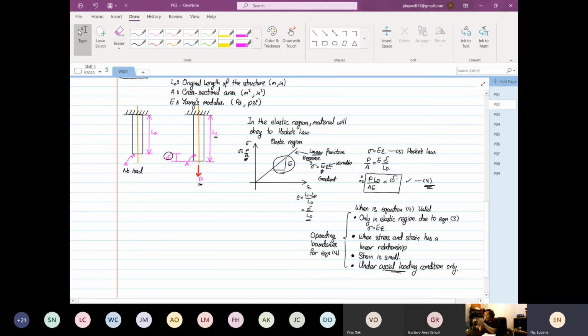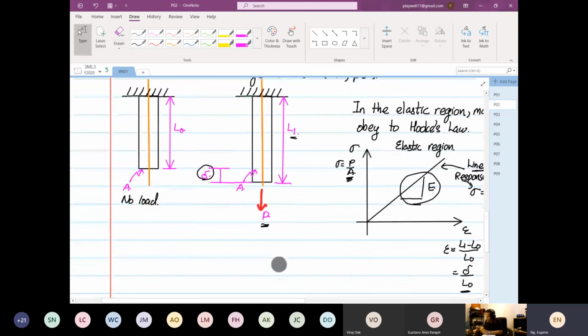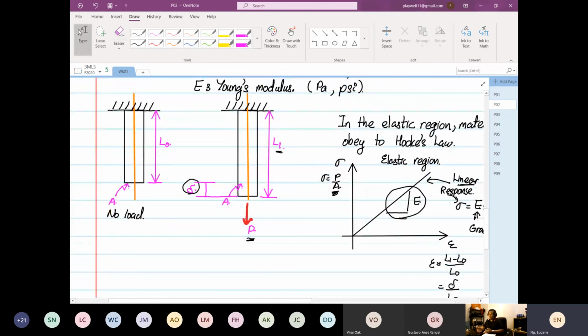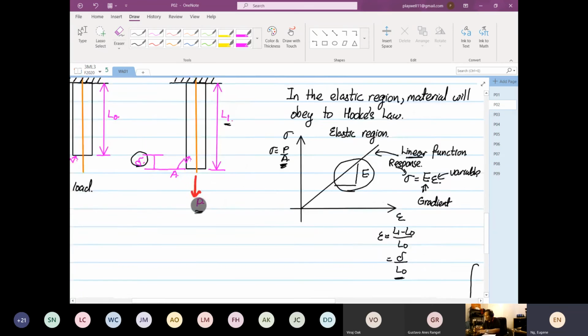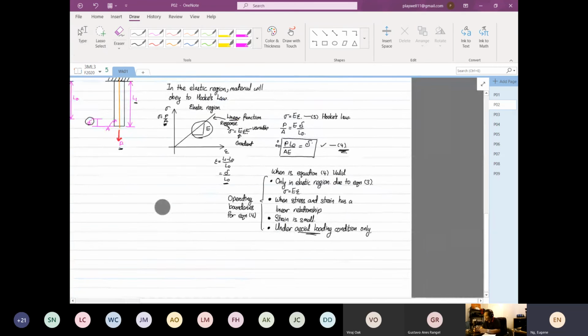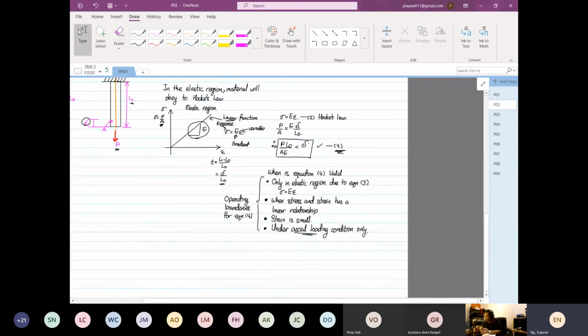Sometimes it's as simple as looking at a figure like this, that this is under axial loading. You don't need to dig your brains out to figure that out. And then the strain is small. So by deriving, you come up with your operating boundaries.